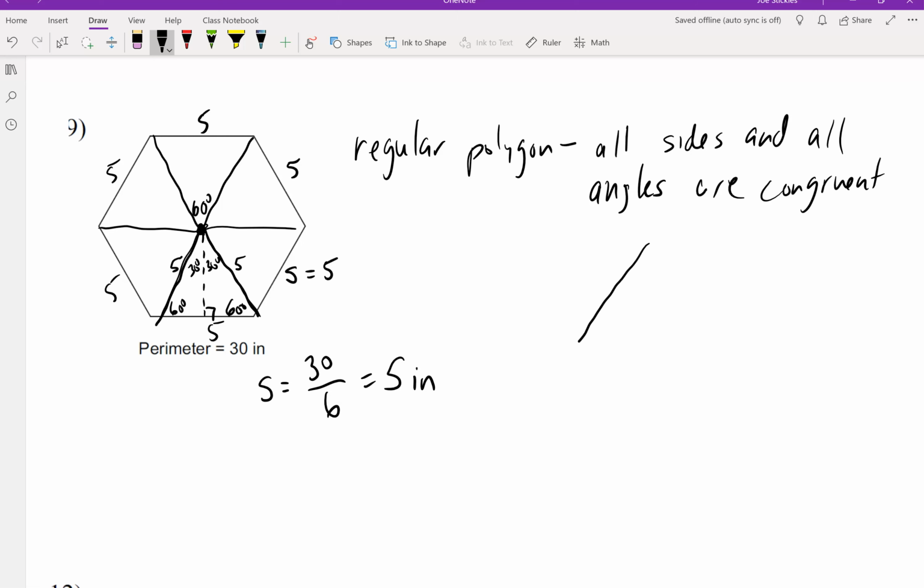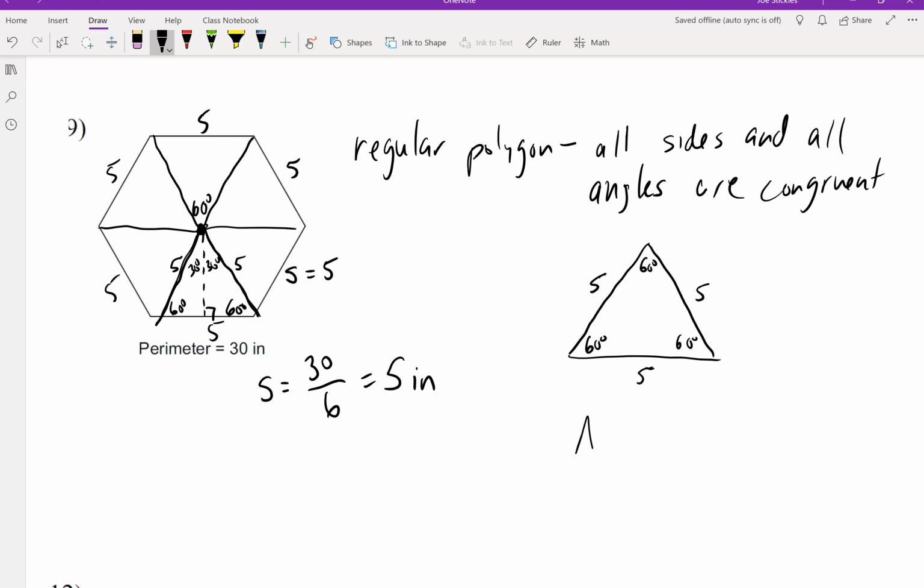So just to draw this off to the side now, I've got a triangle that has a length of 5 on each side and a 60-degree angle at each corner. Well, that makes life a little bit easier to figure out the area of this particular triangle, because now I know two sides and the included angle, right?